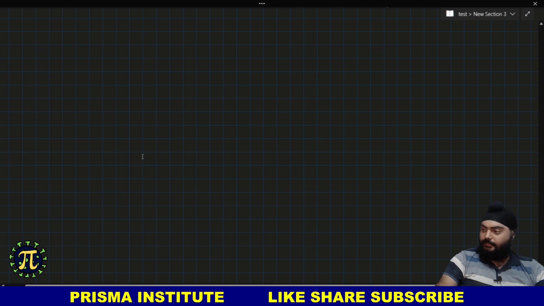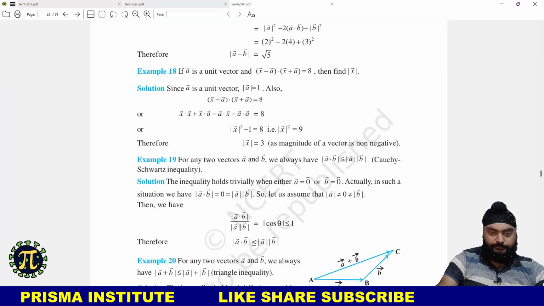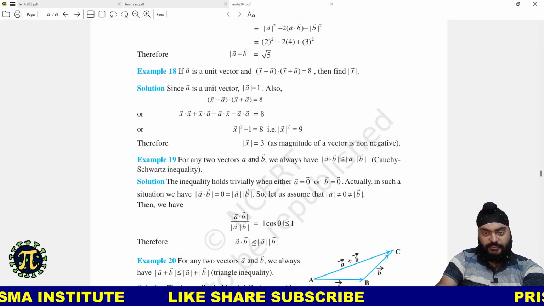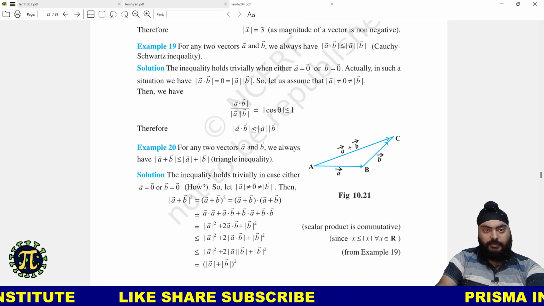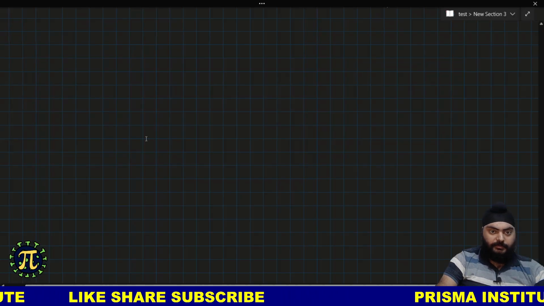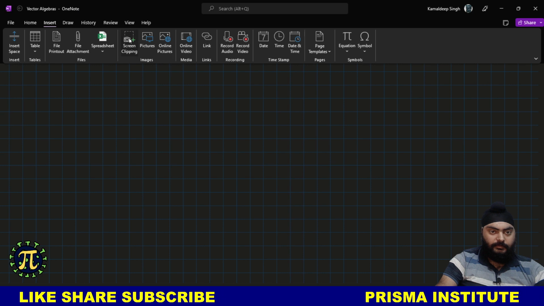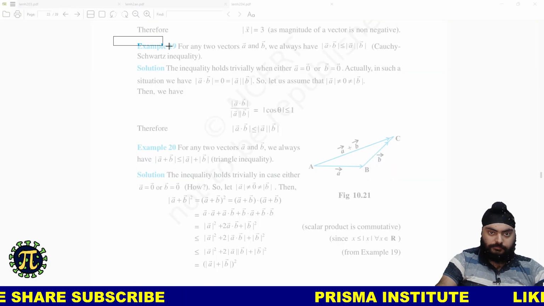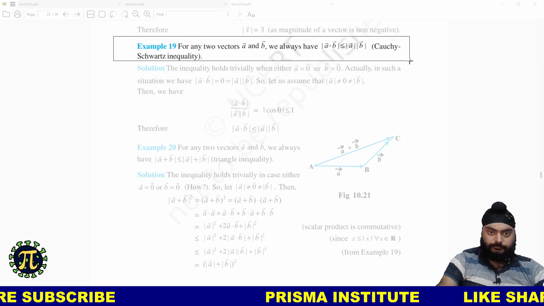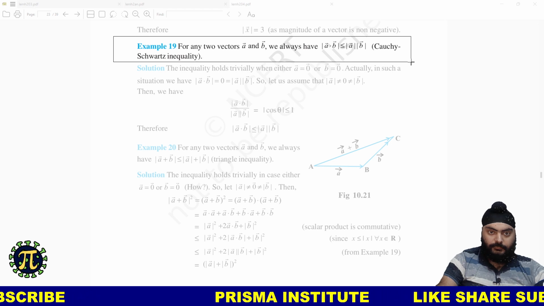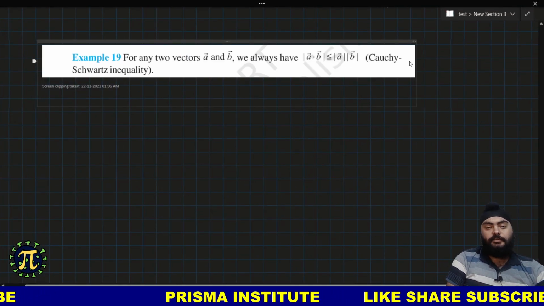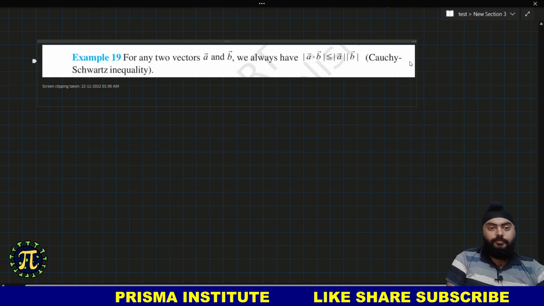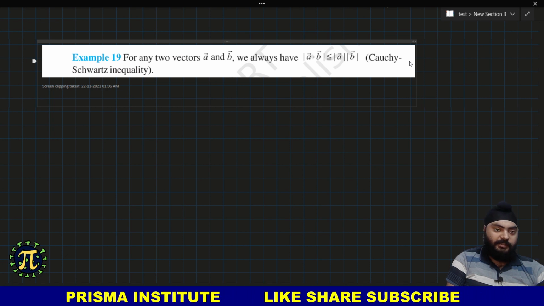So last example, नहीं दो बचे, so 19th क्या बोल रहा है, so for any two vectors prove the Cauchy-Schwarz inequality.